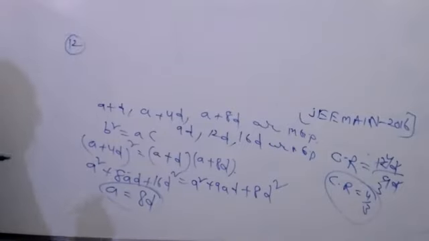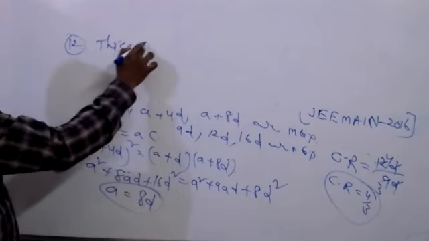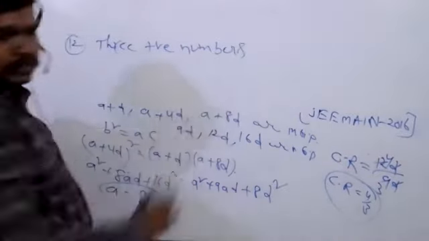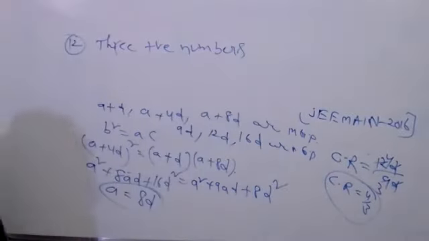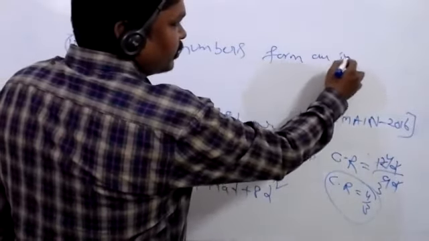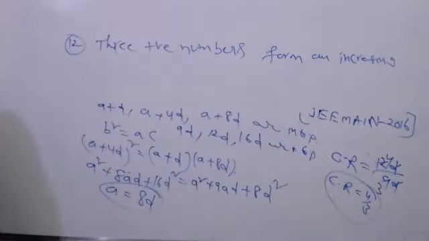Three positive numbers form an increasing GP.